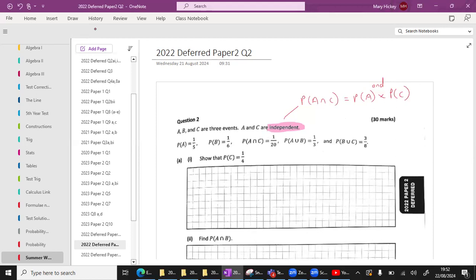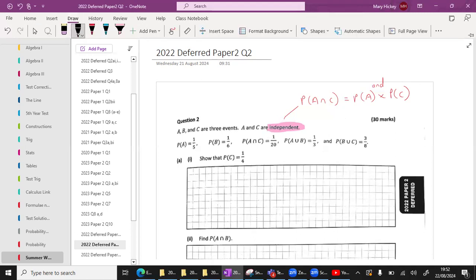So we just simply have to multiply the chances of one by the chances of the other.